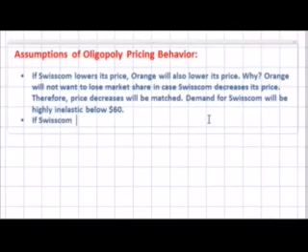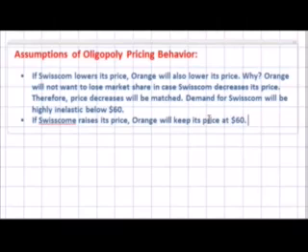If Swisscom raises its price, we should probably assume that Orange will keep its price at $60. In other words, Orange will ignore a price increase by Swisscom. Why should we make this assumption? Why would the oligopolistic firm, Orange, ignore a price increase by Swisscom? Well, this is the rational thing for Orange to do.